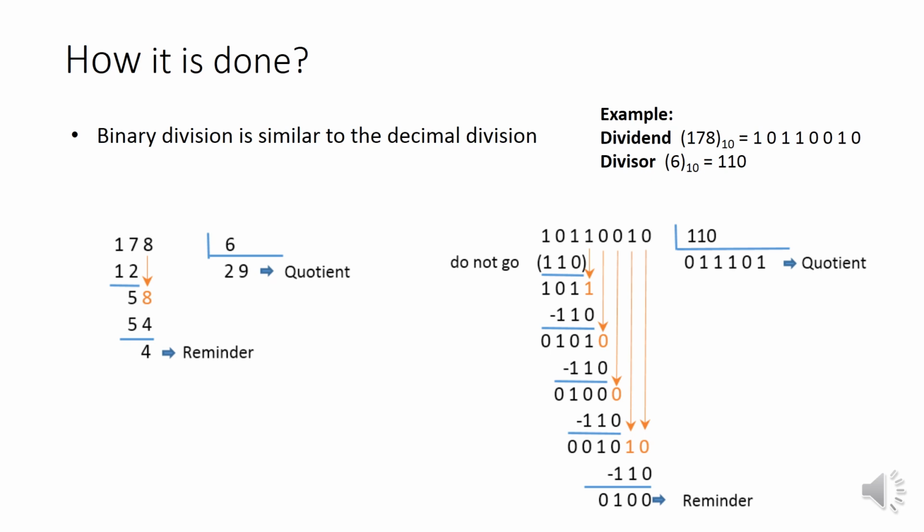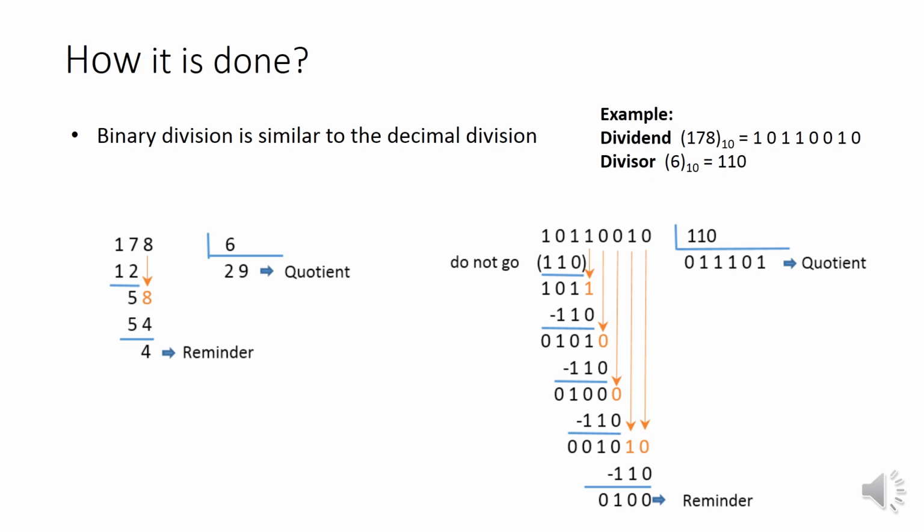Now we bring down the next bit of the dividend and we compare again to see if it goes or not. In this case it goes. So we write another 1 in the quotient. And so on, we continue the process comparing and performing the subtractions.